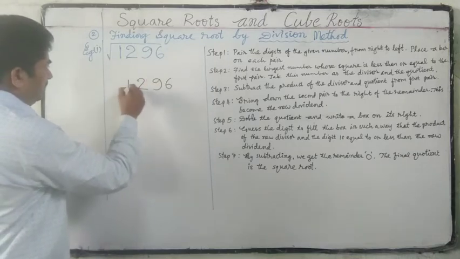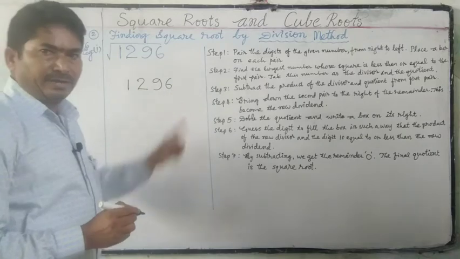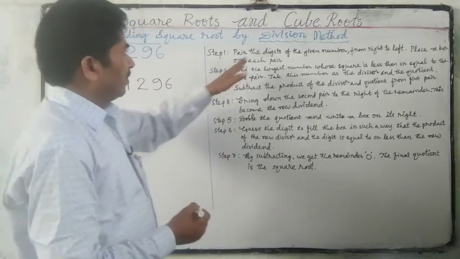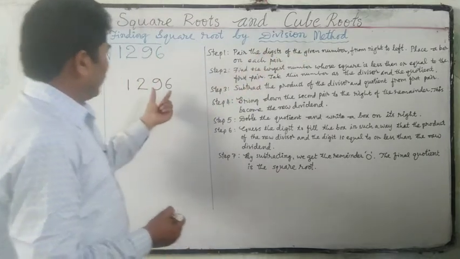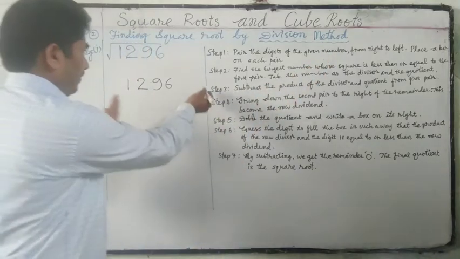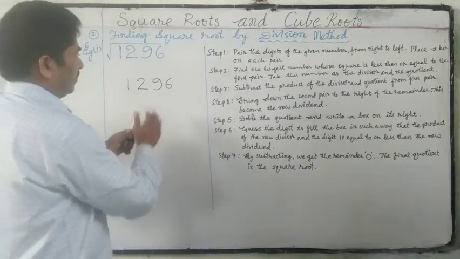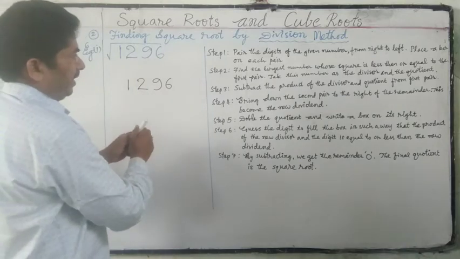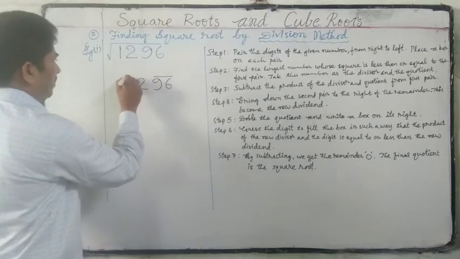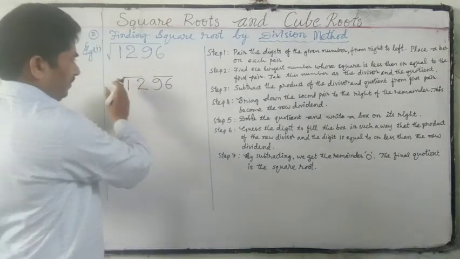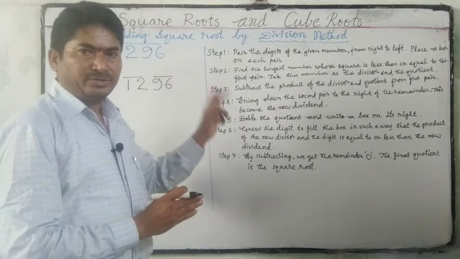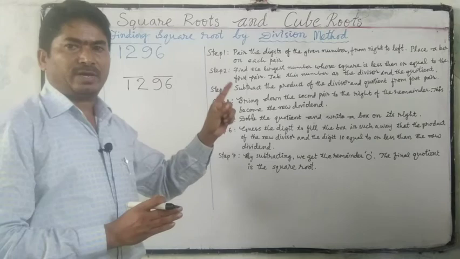Pair means two digits of the given number from right to left. In the leftmost there are no two digits, so we can take 1 also as a pair.